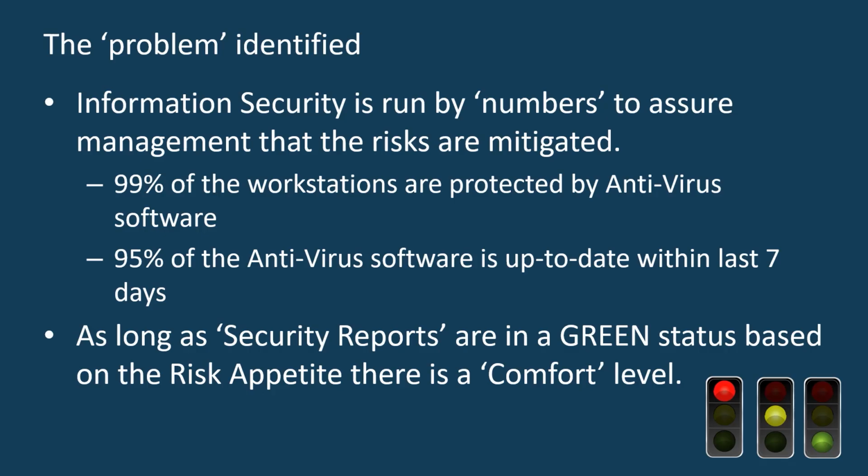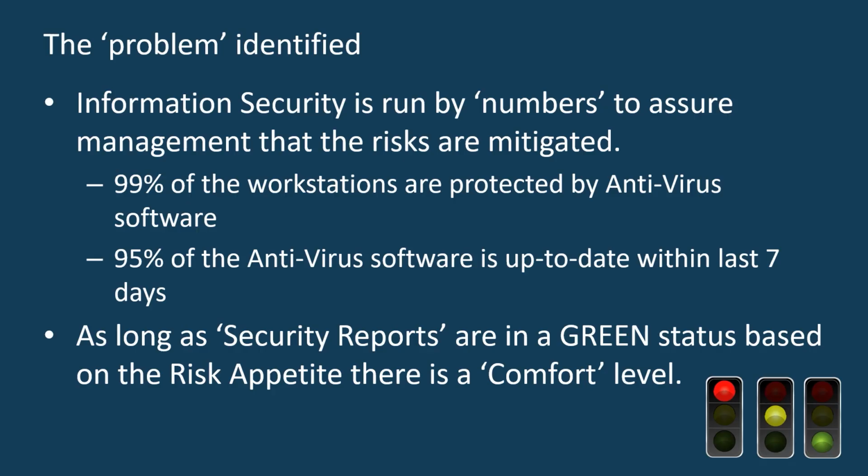Now, we've done a couple of reviews and a couple of compromise recoveries, and what we find is that information security, internal audit, and risk management are run by numbers. This is all to make sure that senior management are happy that the risks are mitigated. An example I'll give you here, and this is purely an example: we'll sit in a meeting and give feedback to the executive committee, and we say that 99% of the workstations are protected adequately by the antivirus software.